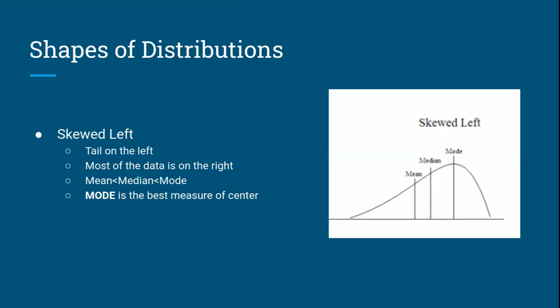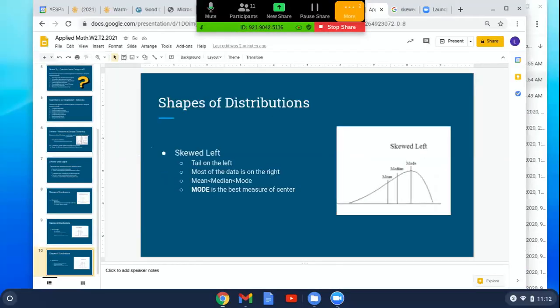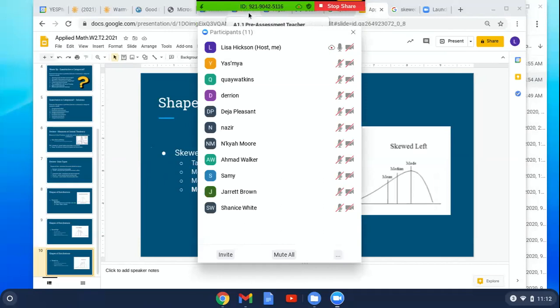Okay, so ladies and gentlemen, we have done well and we have nine minutes to spare. So let me come back and check roll to make sure that I have all of you here. All right, I got Yasmaya, Quay, Darian, Dej, Nas, Nakaya.